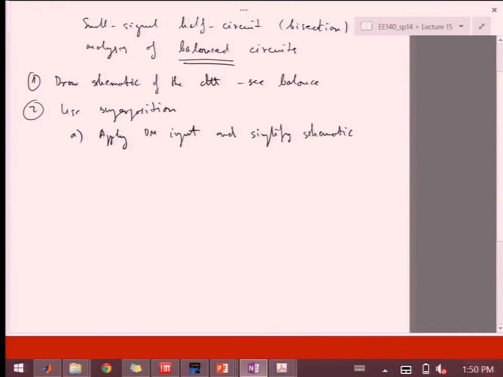By simplify schematic, I mean we grounded the tail, because if we apply differential mode input, that point is 0, and then we can cut the circuit in half. For B, we do the same thing for common mode and simplify. And then C, of course, is add the two together.